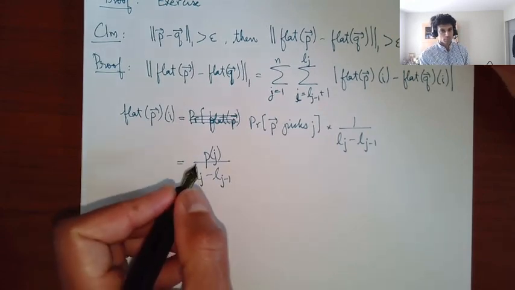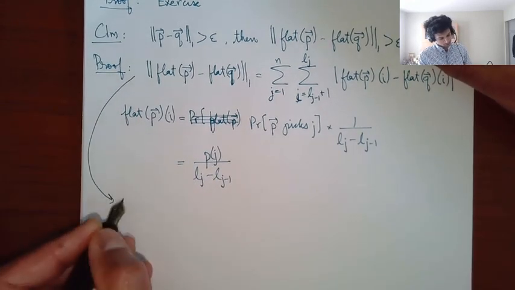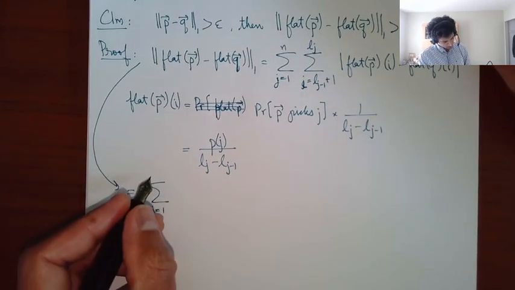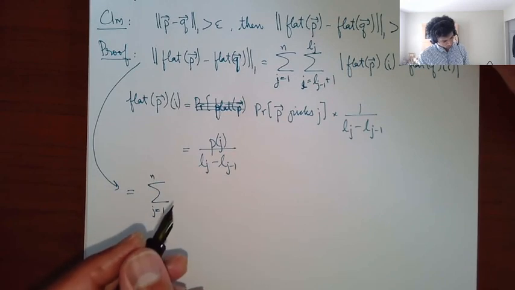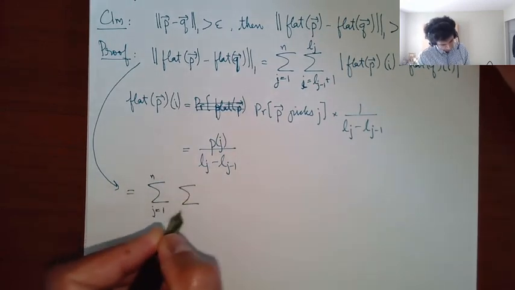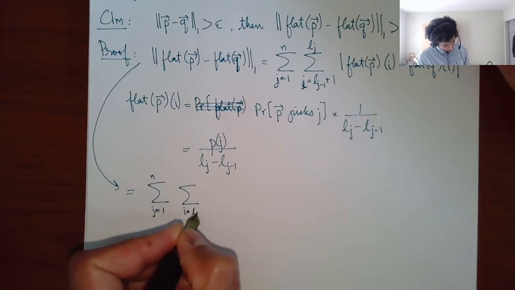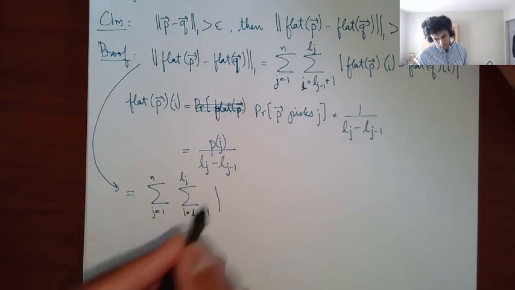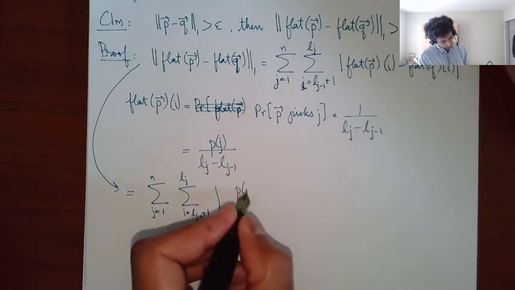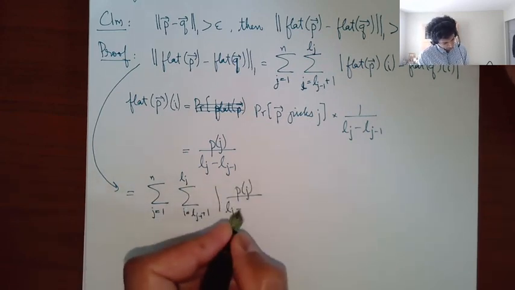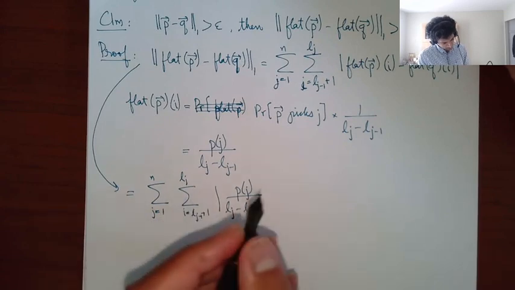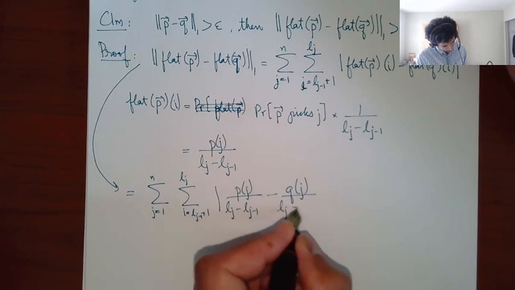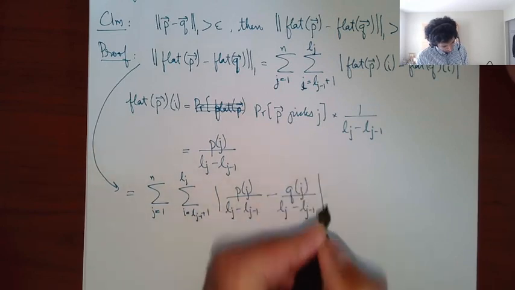Okay, so plugging this expression into here, what we get is the summation of j going from 1 to n, and of I going from L_{j-1} plus 1 to L_j, we're looking at the absolute value of P of j divided by L_j minus L_{j-1}, minus Q of j divided by L_j minus L_{j-1}.